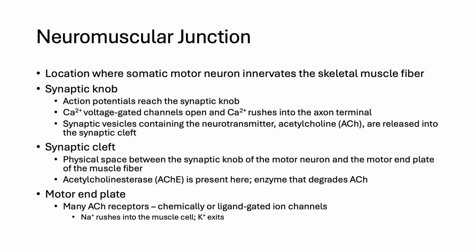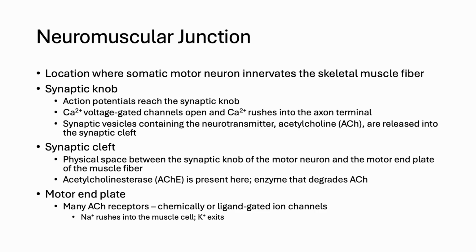There are vesicles located in this synaptic knob region, and in the somatic motor neurons these vesicles contain a specific neurotransmitter. This is something we need to know, and it's called acetylcholine, abbreviated capital A, capital C, little h. Sometimes I'll use that shorthand notation.